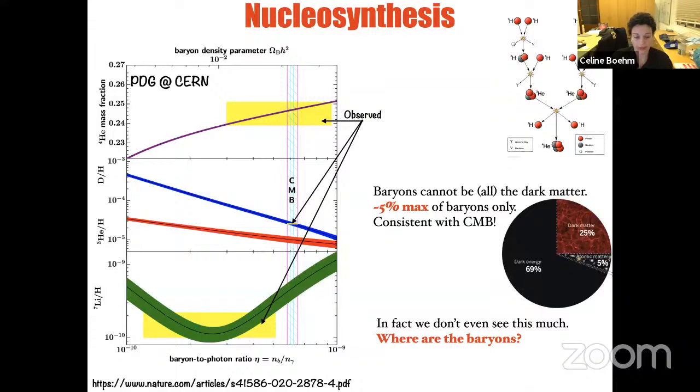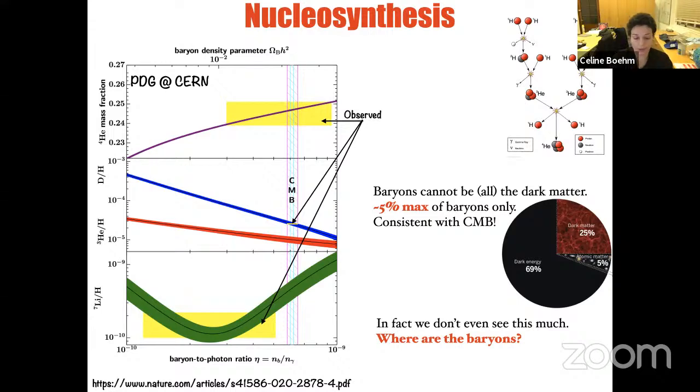Now the point is, because there is a straight line, the magenta, which is a combination between what you observe and the CMB, you see that it's selecting a very narrow value. That value, you can read it from the plot, but it is very small. So what it tells you is that there is a tiny fraction of baryons versus photons.